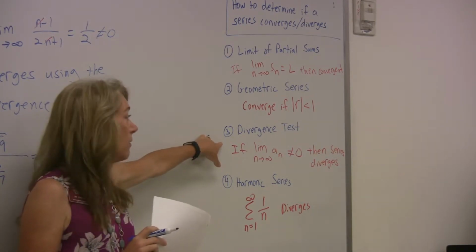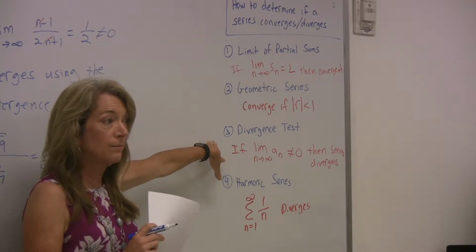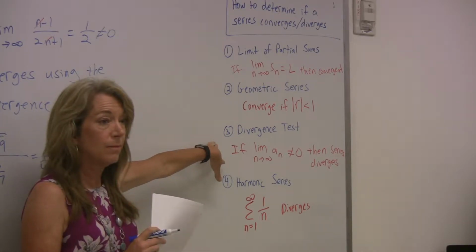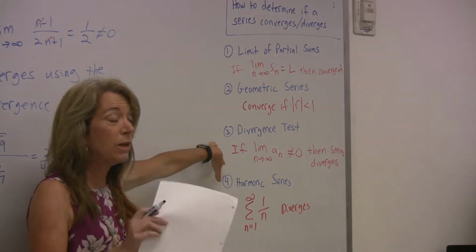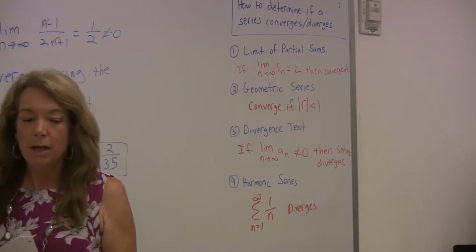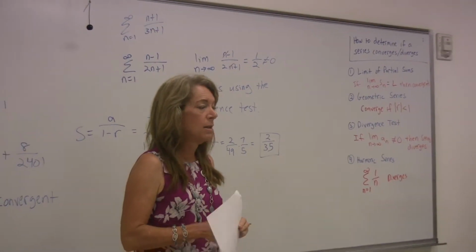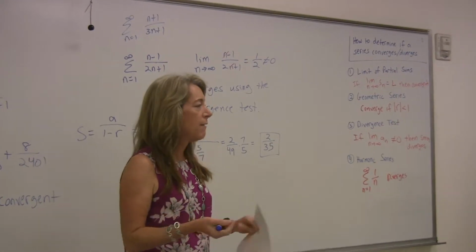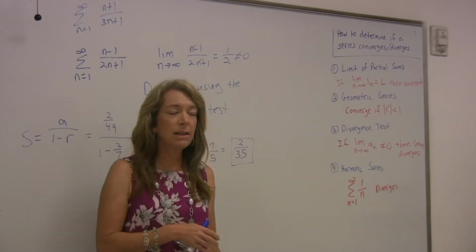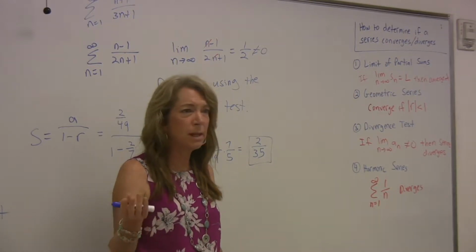If the limit of the terms approaches 0, then we don't know. We know nothing. So let me give you my example. If you're sitting in this class, you're an LMC student. If I find someone who's not sitting in this class, it doesn't mean they're not an LMC student. They might be.